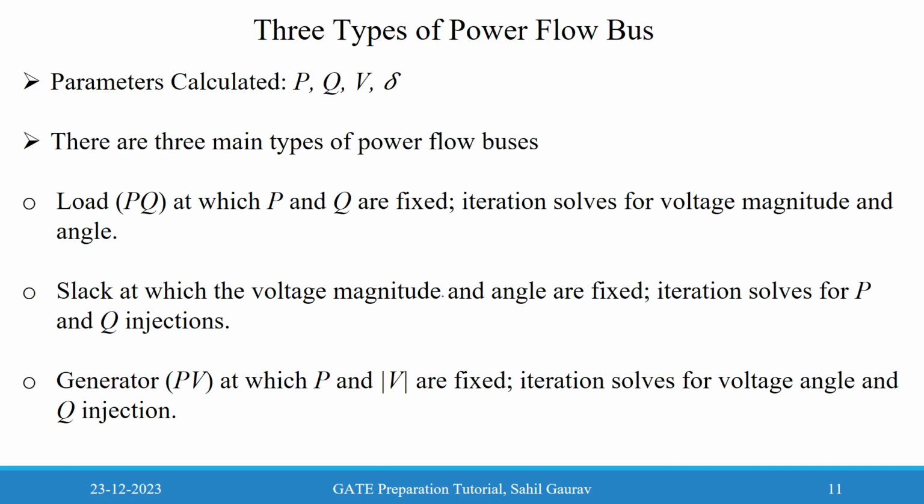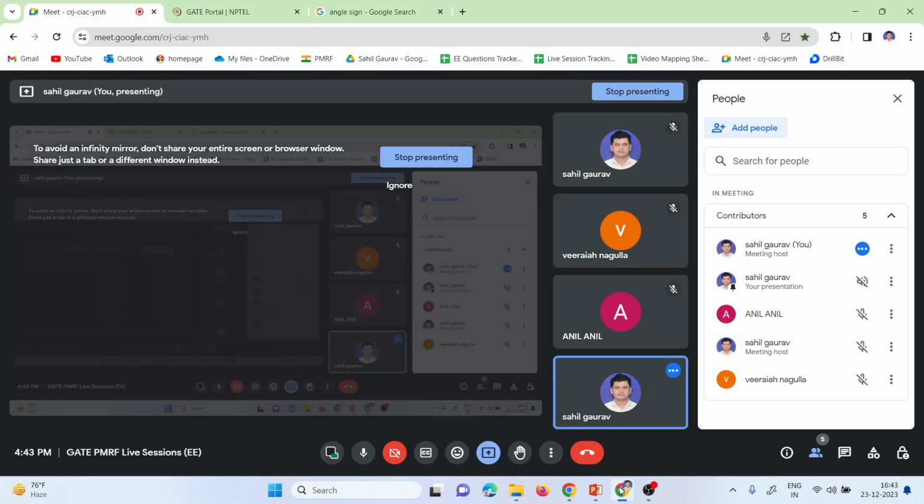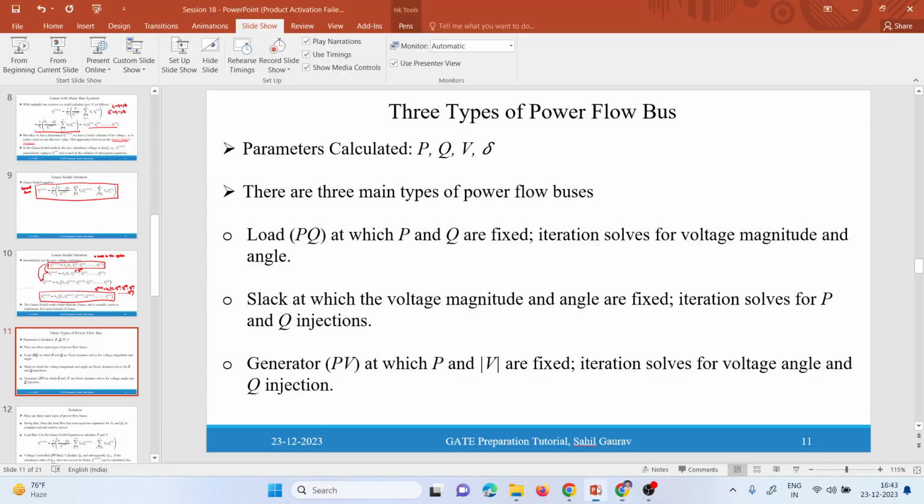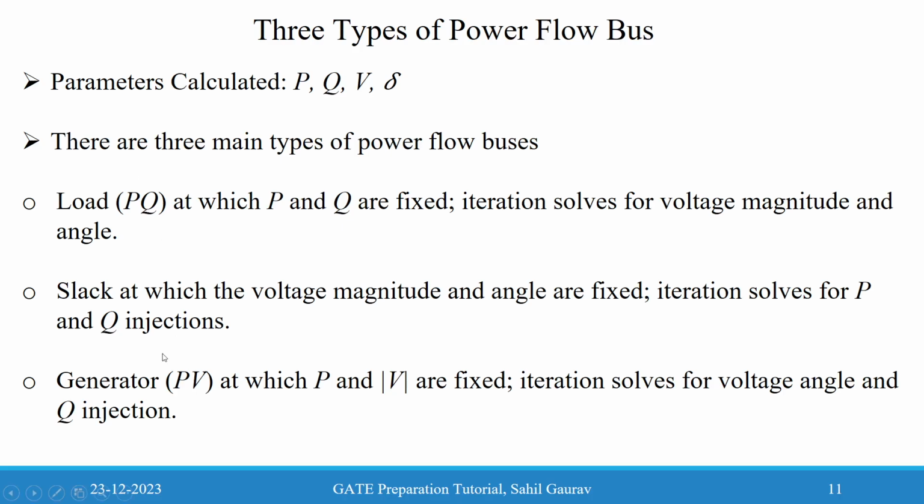Slack bus, at which voltage magnitude and angle are fixed, and iteration solves for P and Q injections. And generator bus, at which active power and voltage magnitude are fixed, and iteration solves for voltage angle and Q injections. Whatever the known quantities are, we don't play with them; we have to find the unknown quantities for the respective buses.